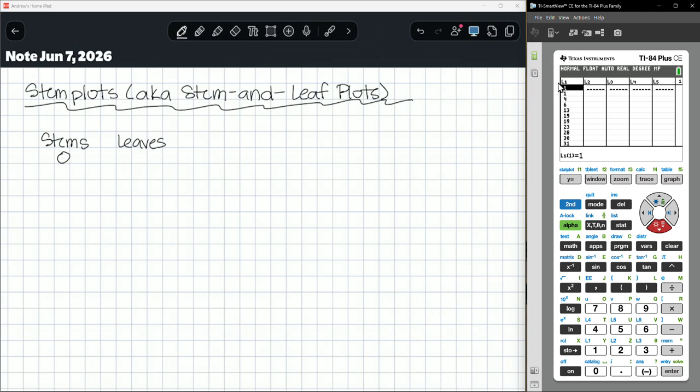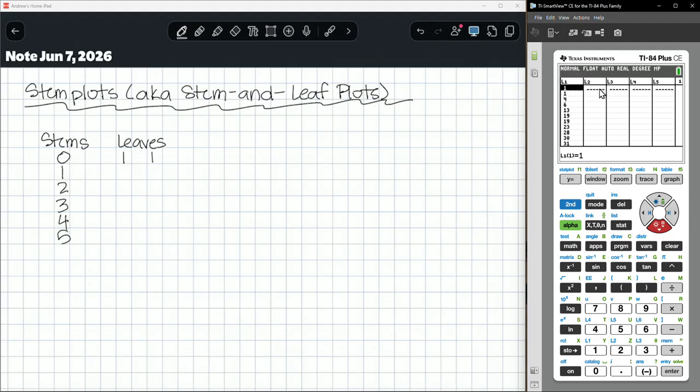So I know that my biggest number was 50, so 0, 1, 2, 3, 4, 5. And then I'm going to go through and look at each of those stems and list the leaves that go with those stems in order, including repeats. So for my 0 stem, that's the 1-digit numbers. I've got 1, 1, 4, 6.